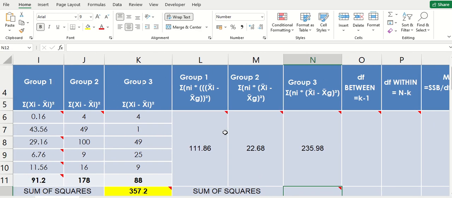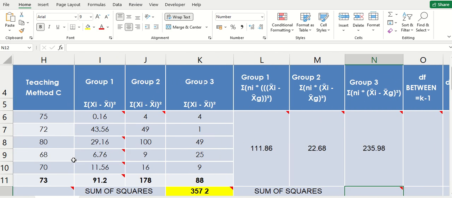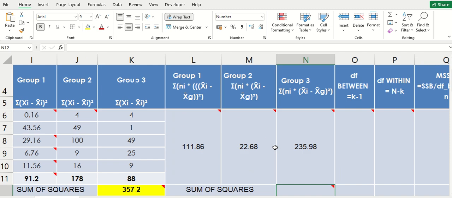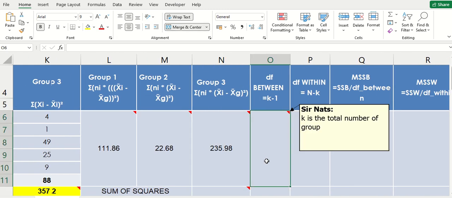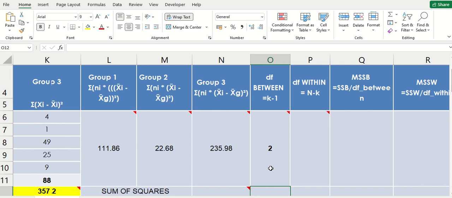Okay. Now, what's next? Let's calculate the degree of freedom within and between. There is already a formula there. So first, let's find the difference of the k. K is actually the number of groups. Since we have three groups, minus 1, so automatically it's 2.